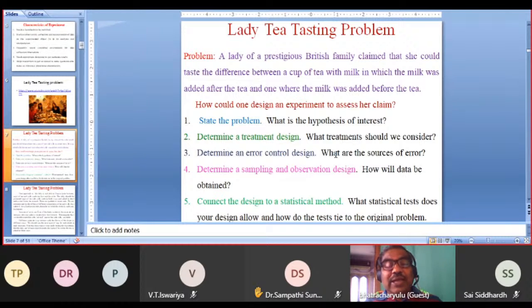The next step is to determine an error control design.